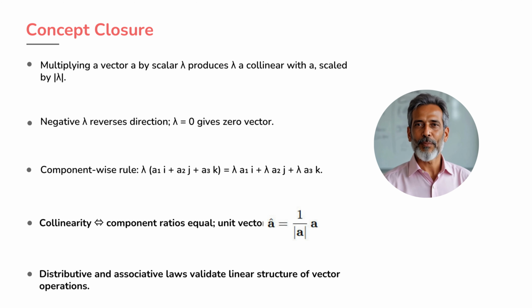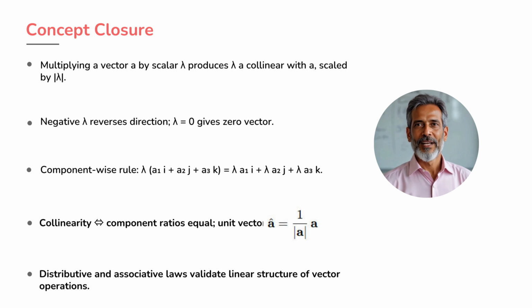Today we learned that multiplying a vector by a scalar stretches or shrinks it, like zooming in or out on a photo. But the line of action stays the same. Positive scalars keep direction. Negative ones flip it. In component form, each coordinate scales by the same factor. And remember, A hat equals 1 upon mod A into A gives us the direction-only version of any vector.